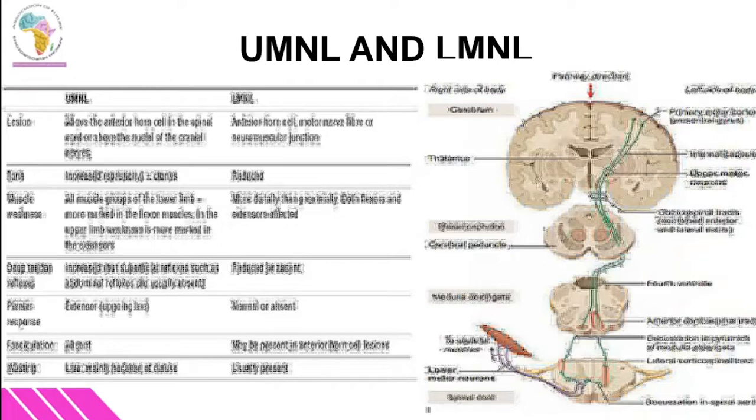Then the other thing is the sensitivity. You also find that the sensitivity of the muscle to contraction is also increased, hence leading to increased tone in upper motor neuron lesions.